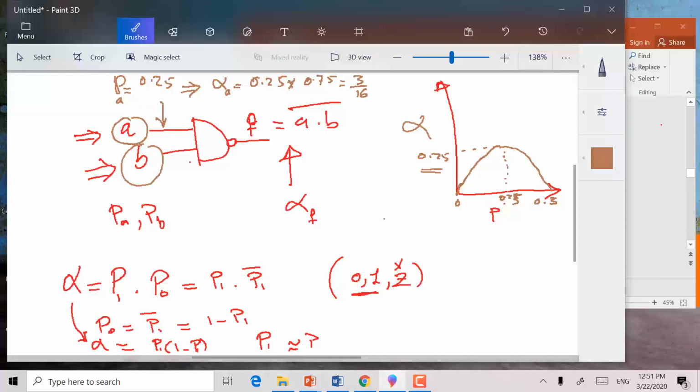How about the output? Well, for the output, every type of gate has a switching probability that we can derive, the output probability based on the input probability. So for the NAND gate, for instance, the probability of the output equals 1 minus the probability of A times the probability of B. Typically, these are pre-calculated for you.